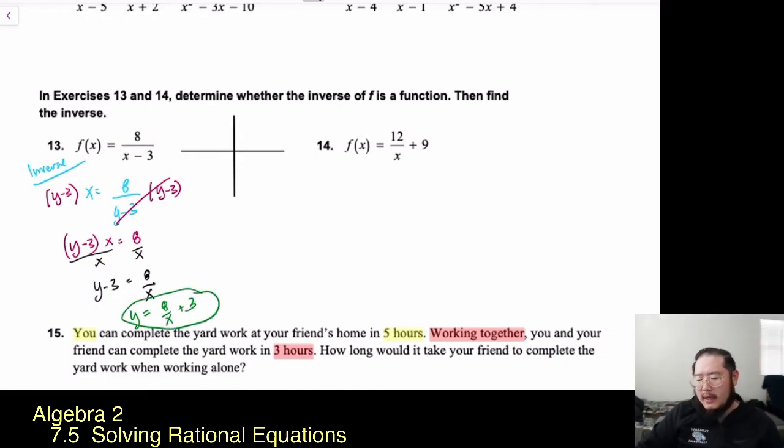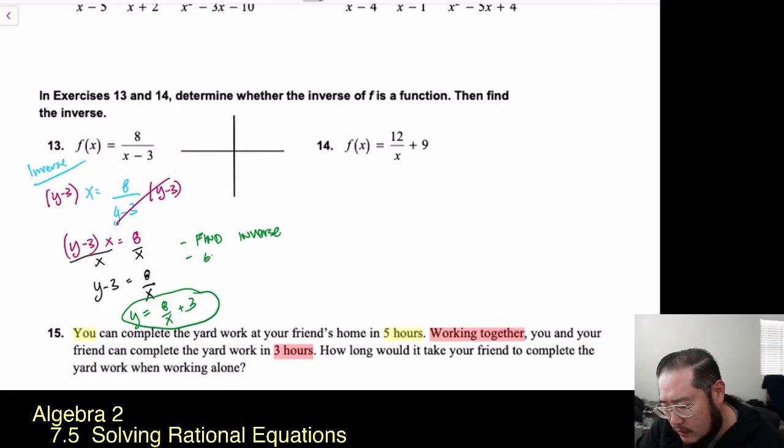Okay? And so what you're now going to perform here is the horizontal line test. So there's two things going on. You're going to find the inverse. Step 2, graph the inverse.